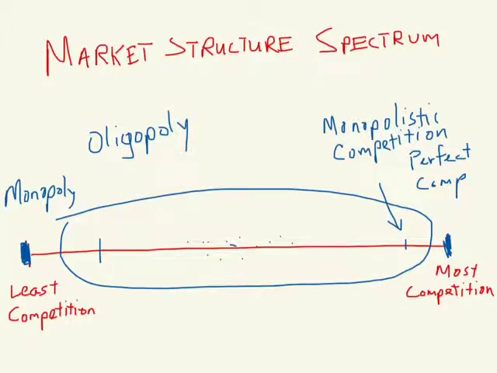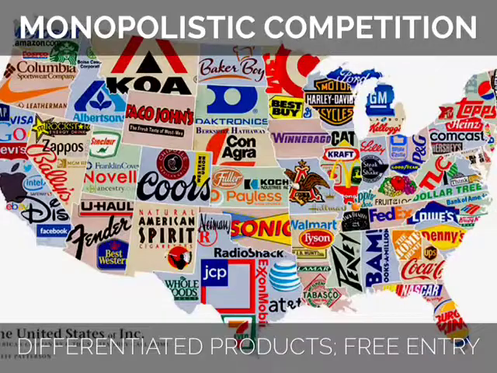There's 8 or 10 producers, and in some ways they compete fairly vigorously, but in other ways they have quite a bit of market power and are protected from entry just because of the huge scale of production you would need to become a player in the auto industry. All right, well, let's give you a quick overview.